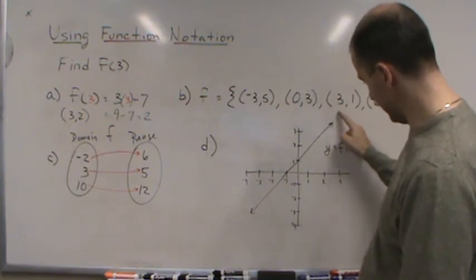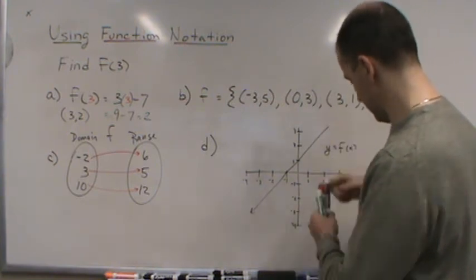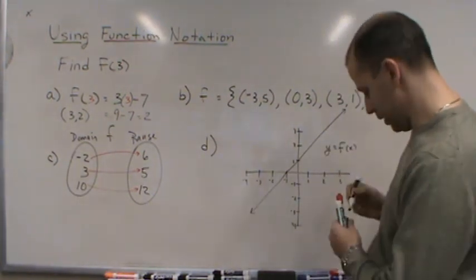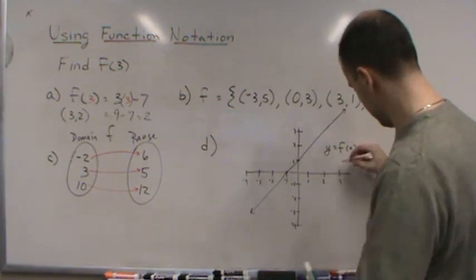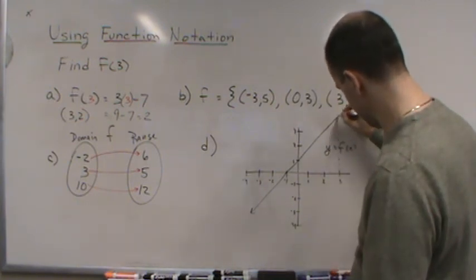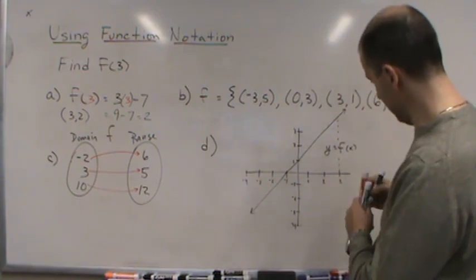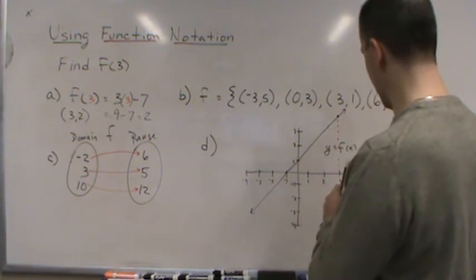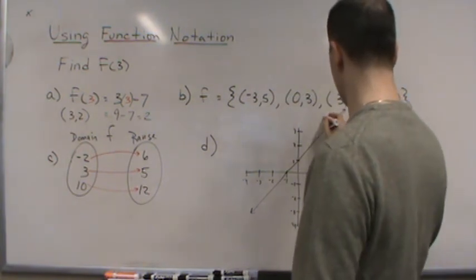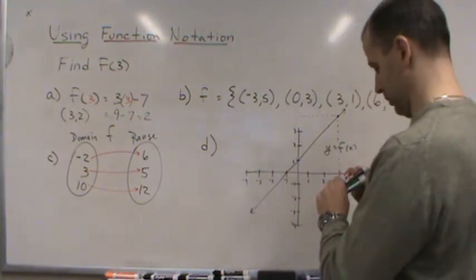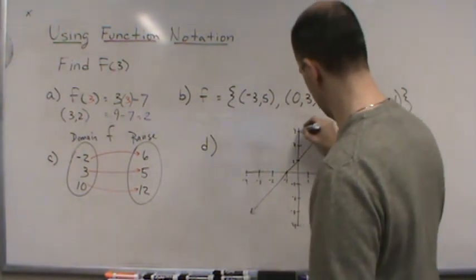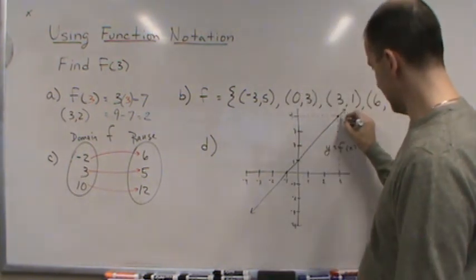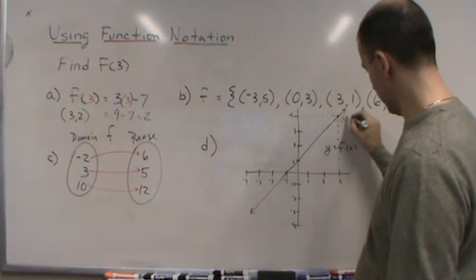And if we intersect the line here, and then we draw a line to the y-axis, so we're going to say that this is the point (3, 4).